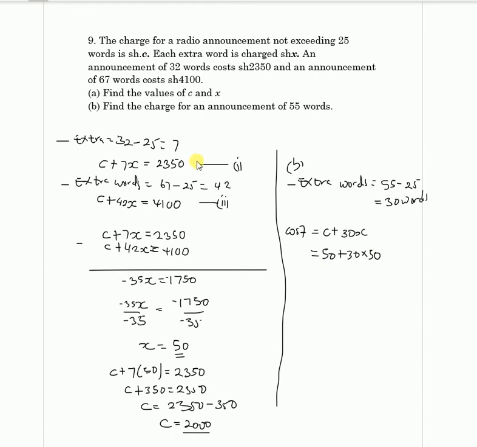I don't know what I'm writing here. It is not that, guys. You know the value of C. So the C is 2,000 plus 30 times X, which is 1,500, getting us 3,500.